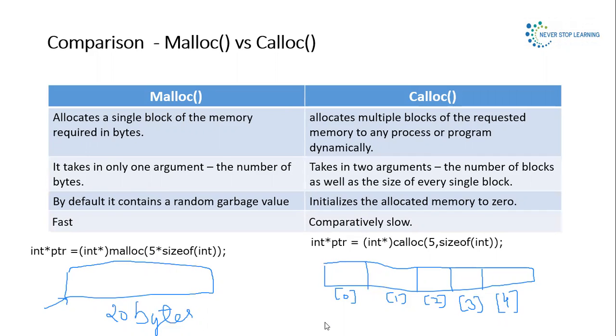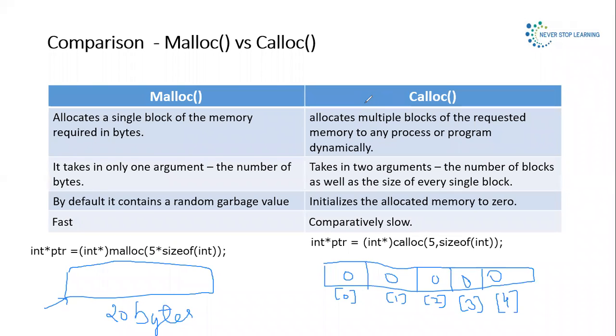That means as soon as we are done with the syntax and memory gets dynamically allocated, each and every location is initialized to 0 by default for calloc. Whereas here, some garbage value will be there.